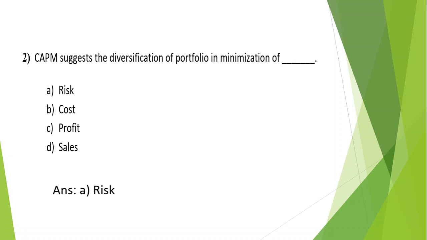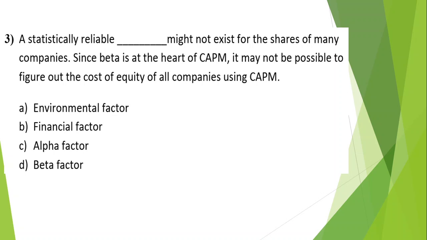We have one more question. A statistically reliable dash might not exist for the shares of many companies. Since beta is at the heart of the capital asset pricing model, it may not be possible to figure out the cost of equity of all companies using CAPM.